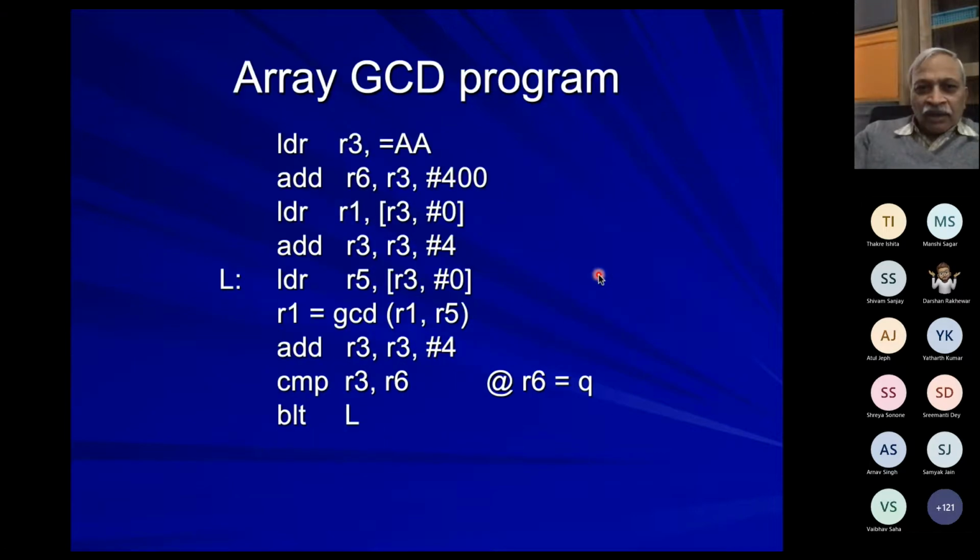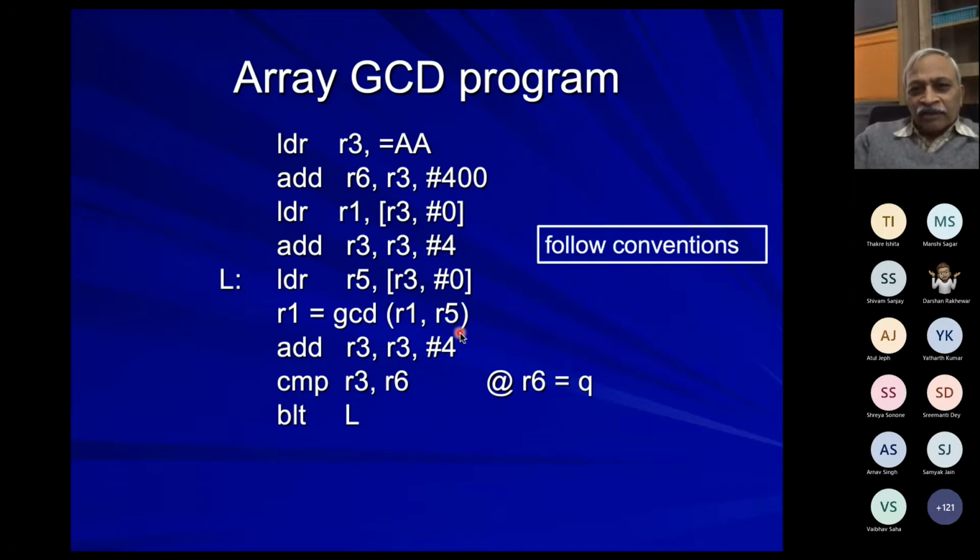Now let's leave those dot assembly commands aside and focus on this part. How do we implement R1 gets GCD R1 R5? A call has to be made. But before that, let's modify this program. Let's change the registers so that the conventions which I mentioned are followed.